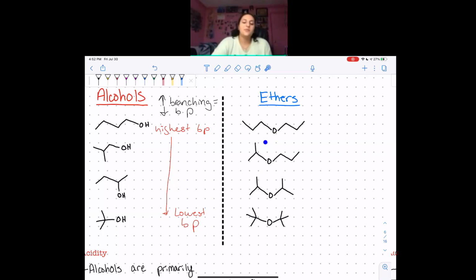If we have something that has branching on one side and not the other side, that's going to be like an intermediate. So it's not quite as branched as this one, but it is going to have a lower boiling point than this completely linear one. So we can still say that this is the highest and this is the lowest.